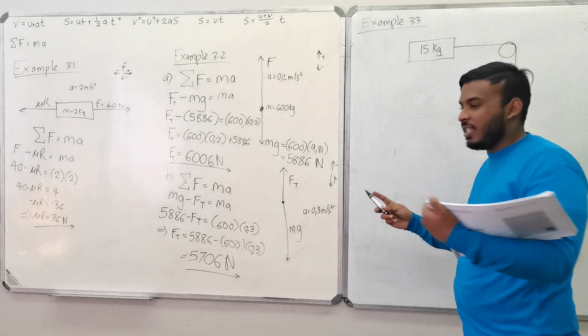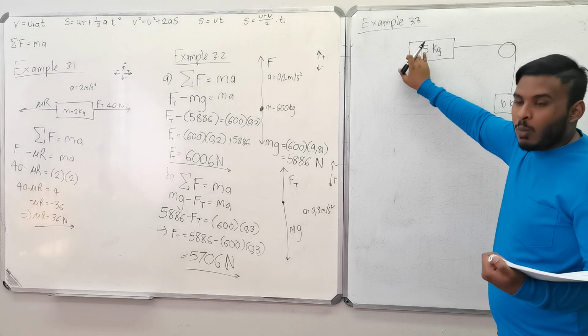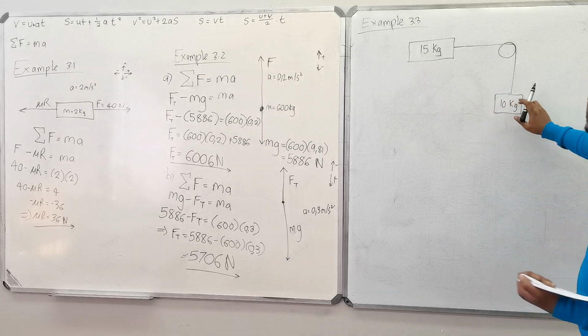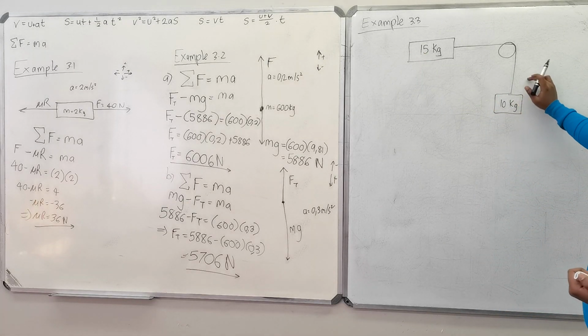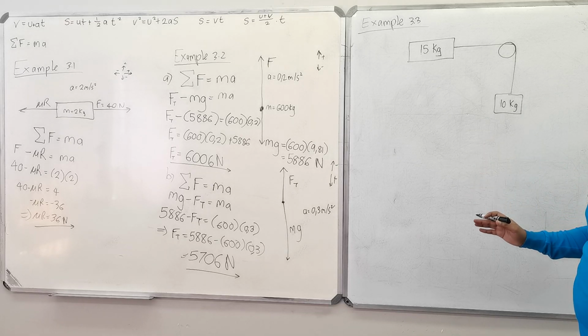Now, what did they basically ask you for? If you pull this 15 kg block, what force do you need to pull it by to cause this 10 kg mass to move up at an acceleration of 0.8? Does everybody understand what I'm saying?